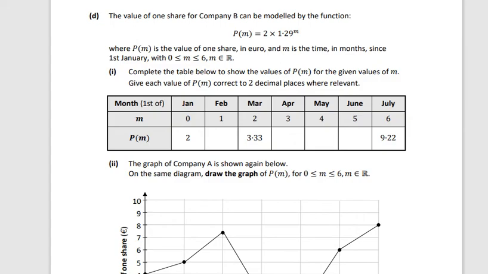Right, this one, we just have to sub in each value into the m, into the power there. The first one will be 2.58. Then put in a 3 instead of it, 4.29. Then a 4 instead, it's 5.54. And if you put in a 5 instead, it gives you 7.14.